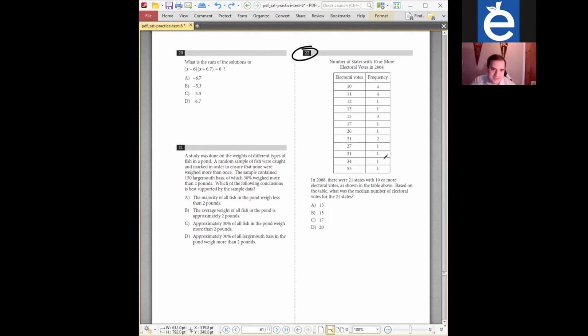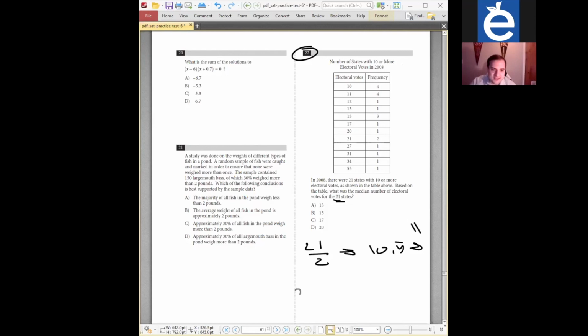So what do I mean by that? We are dealing with 21 states. By the way, the quick way to figure out what the middle number is if we're dealing with 21 states, we take 21, divide it by 2, that'll give us 10.5. Because we got a fraction, we round up. The median is the 11th piece of data.